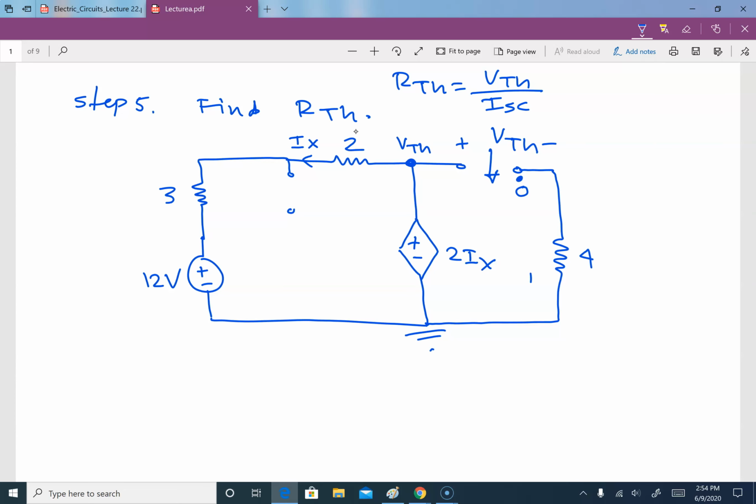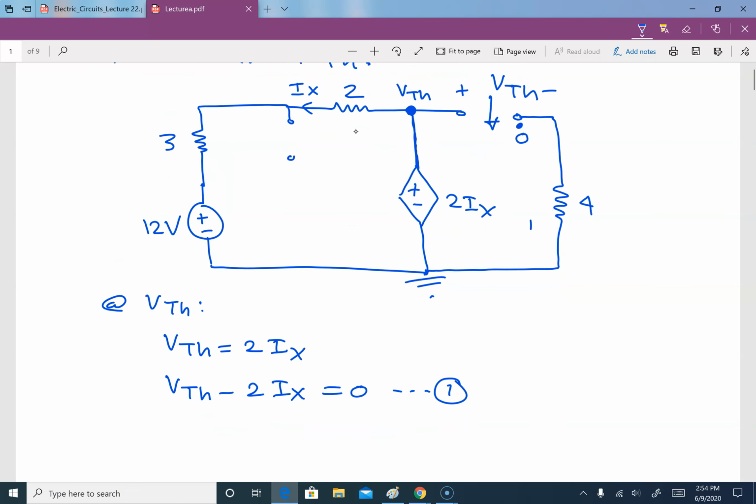So we can say that V-Thevenin is equal to 2Ix, because I have only a voltage source between the V-Thevenin node and the ground. So V-Thevenin minus 2Ix is equal to 0. And this is our first equation.